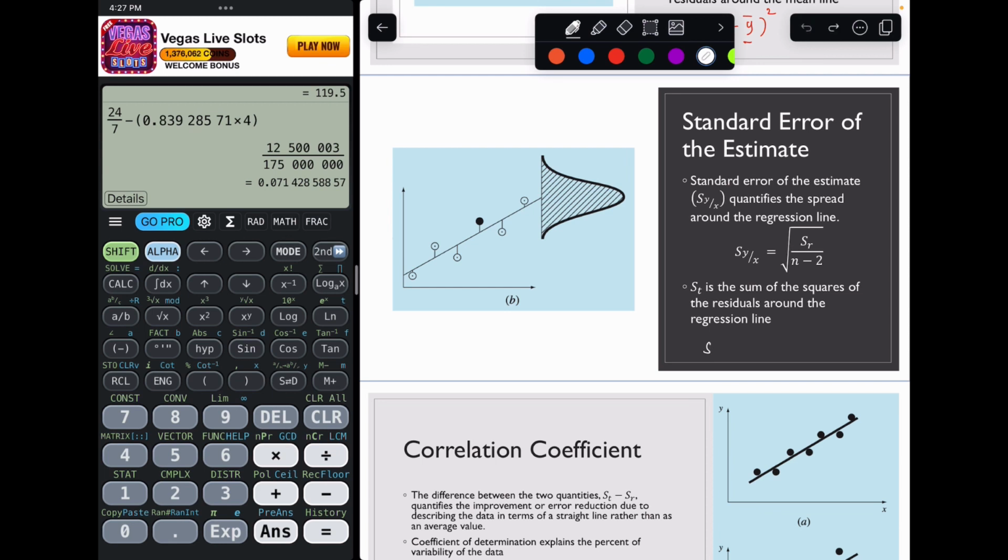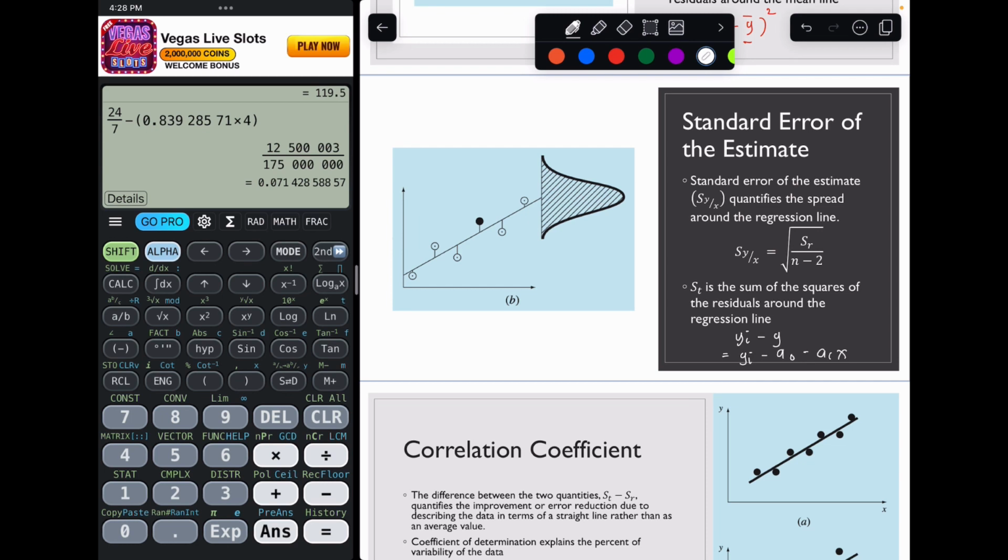It is dependent on y sub i minus y, where y is equivalent to our formula, y equals a sub 0 plus a sub 1 x. So y sub i minus y is equal to y sub i minus a sub 0 minus a sub 1 x.